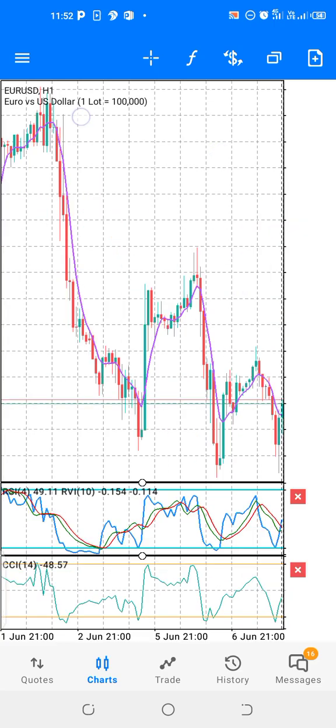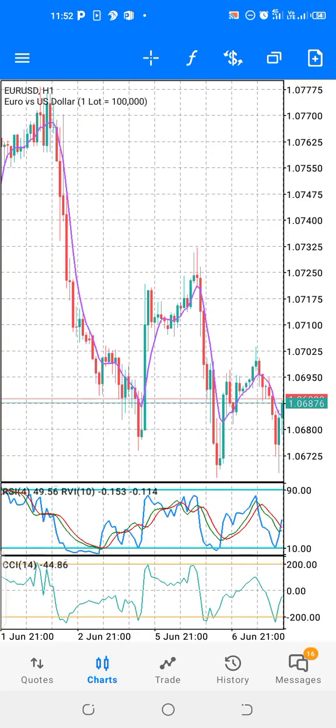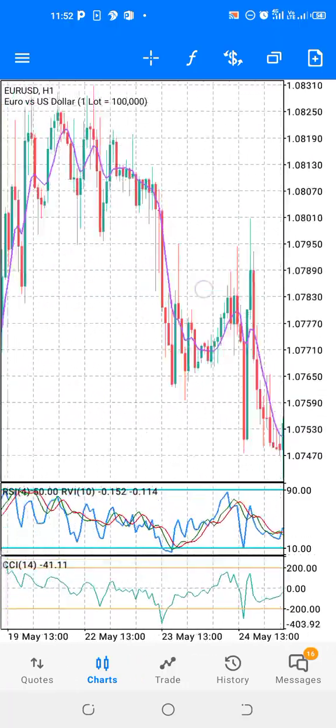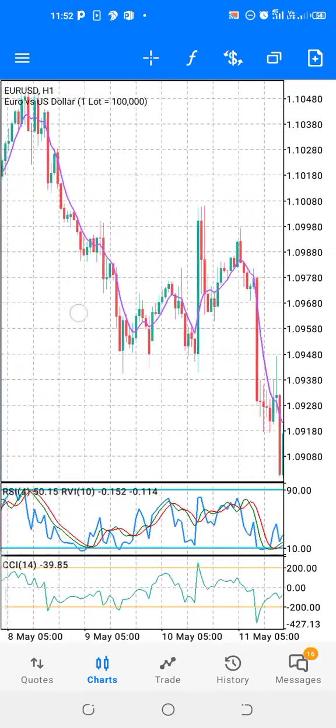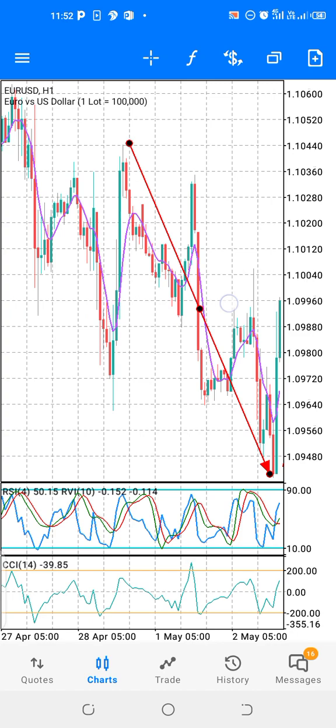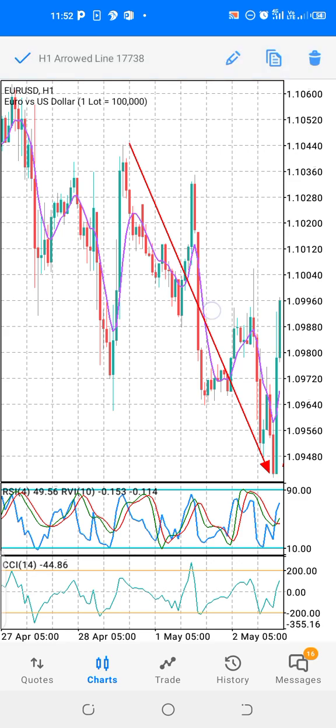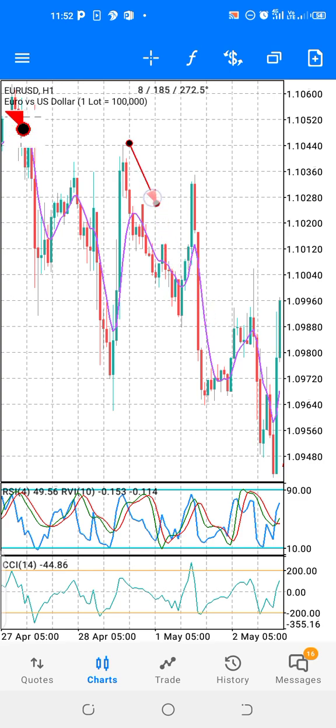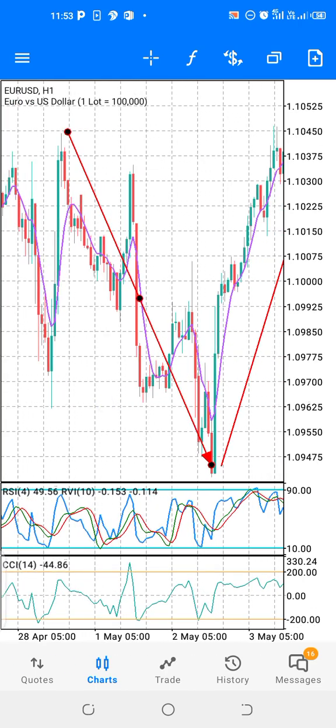It moved from here to the bottom. Therefore, this market moving from here to here at the bottom is a clear indicator of a down trade.